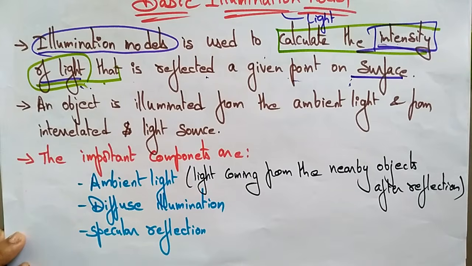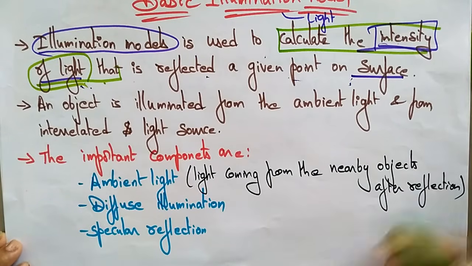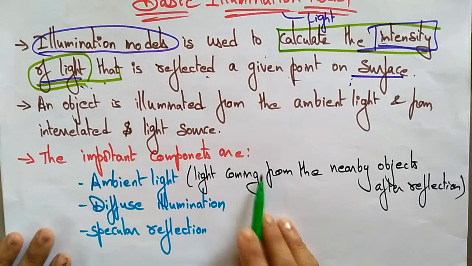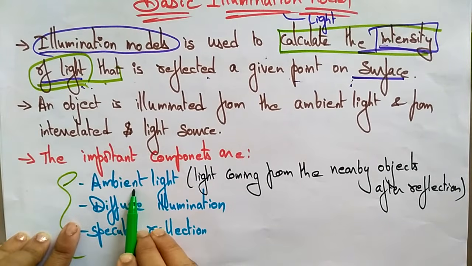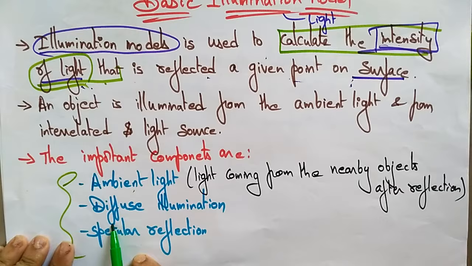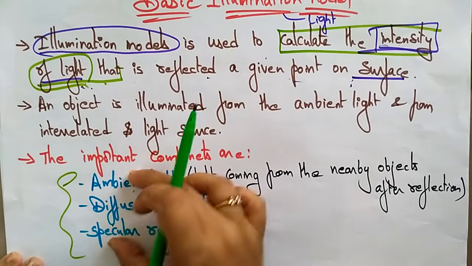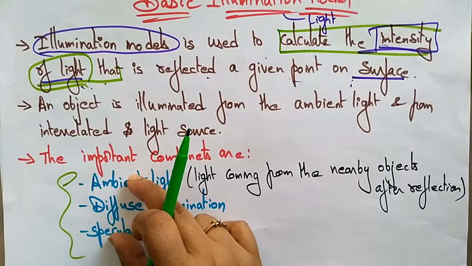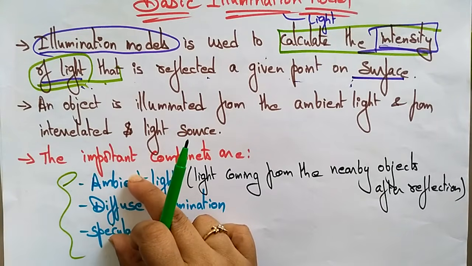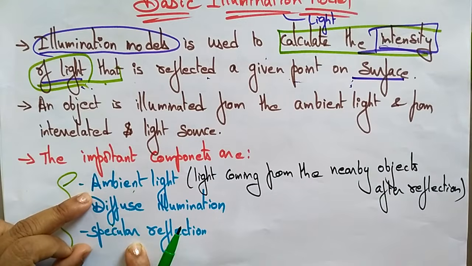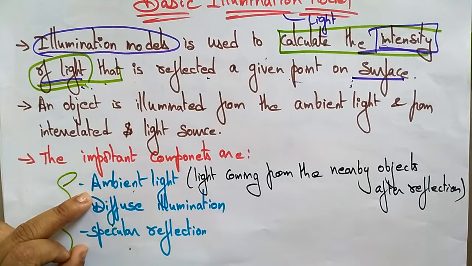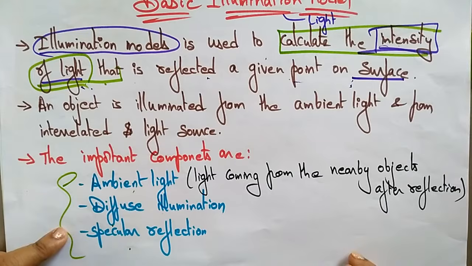Let me explain the different illumination models. The important models are ambient light, diffuse illumination, and specular reflection. These are the three important components of the basic illumination models. These illumination models are used to calculate the intensity of the light that is reflected at a given point on the surface.